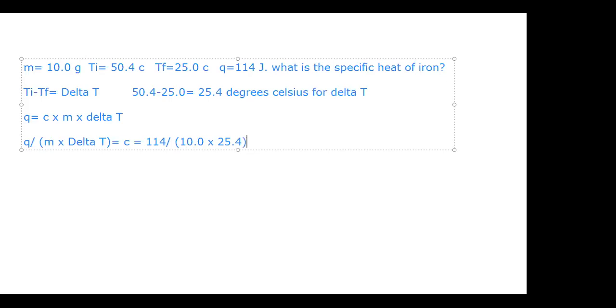When we have all of those, you put it in your calculator, handy dandy calculator. 10 times 25.4, you're going to have 114 divided by 254. And yes, I did do 10 times 25.4 in my calculator because my brain is not working currently, even though that's obviously only 254.